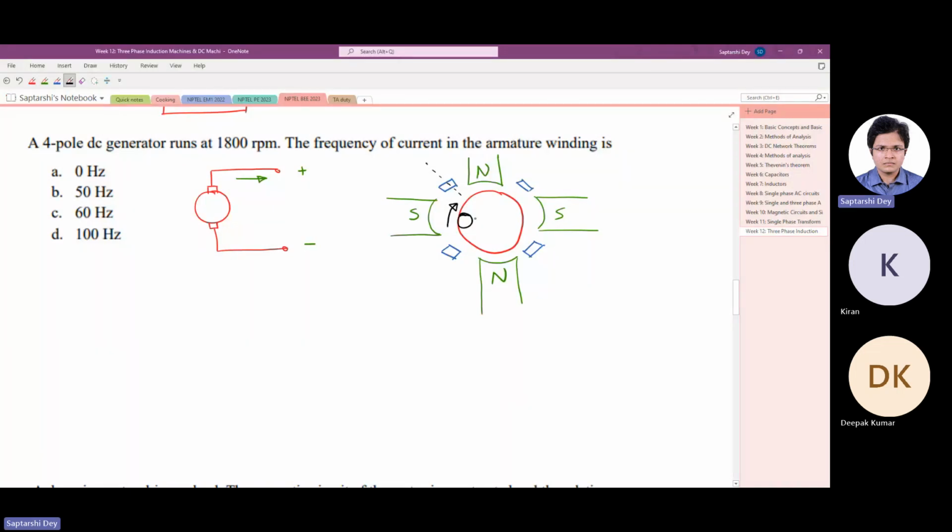So basically what is happening is every time the conductor or the connection of the conductor crosses the brush, there is a zero current, because that is why the commutation is possible.